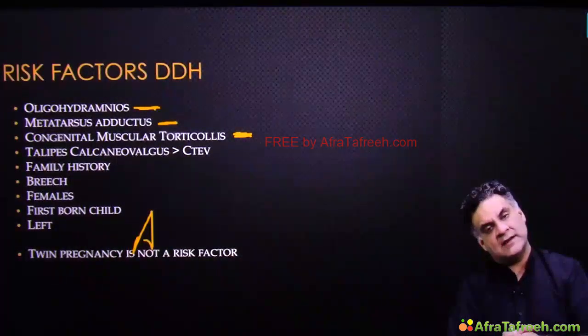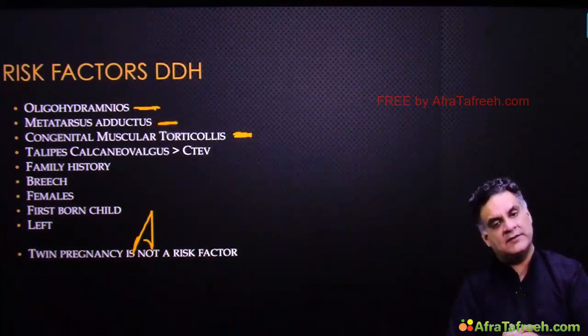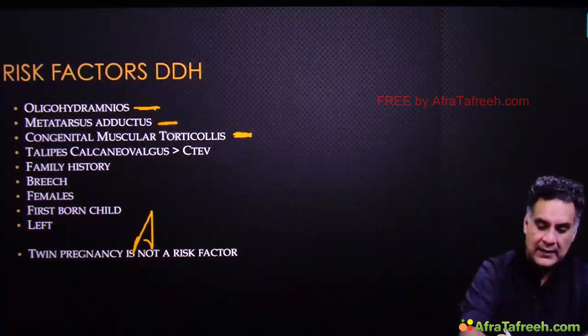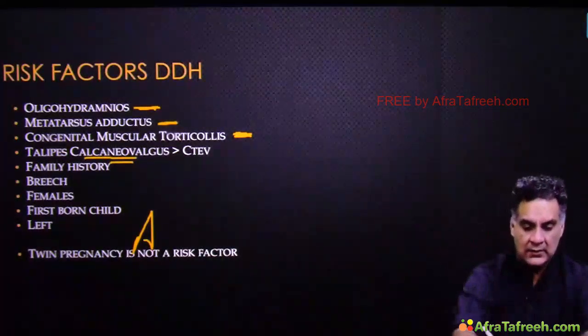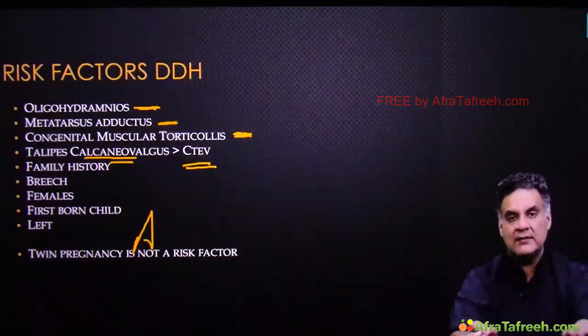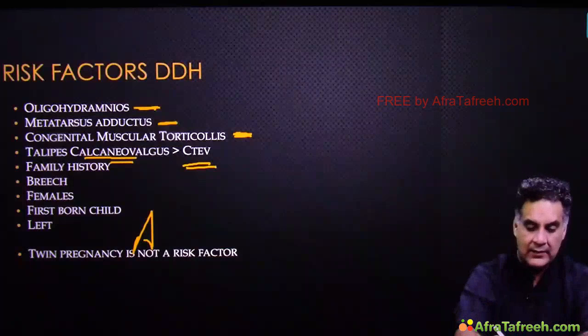This is called congenital muscular torticollis or wry neck, again associated with DDH. Talipes calcaneovalgus means the heel is prominent, as compared to CTEV where the heel is less prominent. These are all the risk factors.